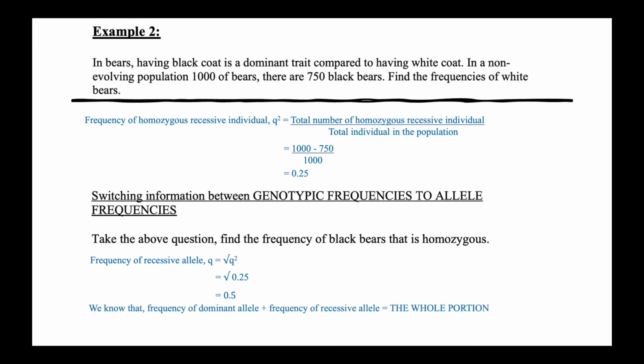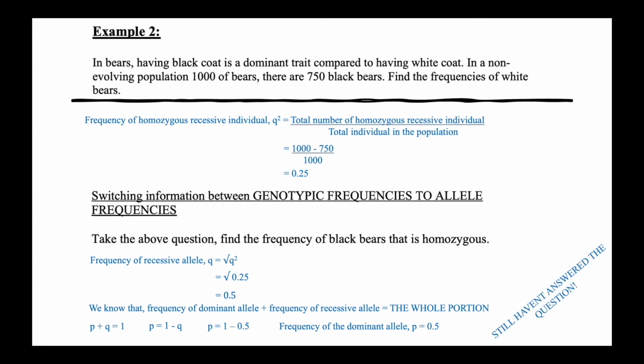Since the frequency of the dominant allele plus the frequency of the recessive allele will give us the whole portion, or the total number of alleles in the population, p plus q is equal to 1. p is equal to 1 minus q. p is equal to 1 minus 0.5, so p, or the frequency of the dominant allele, is 0.5.